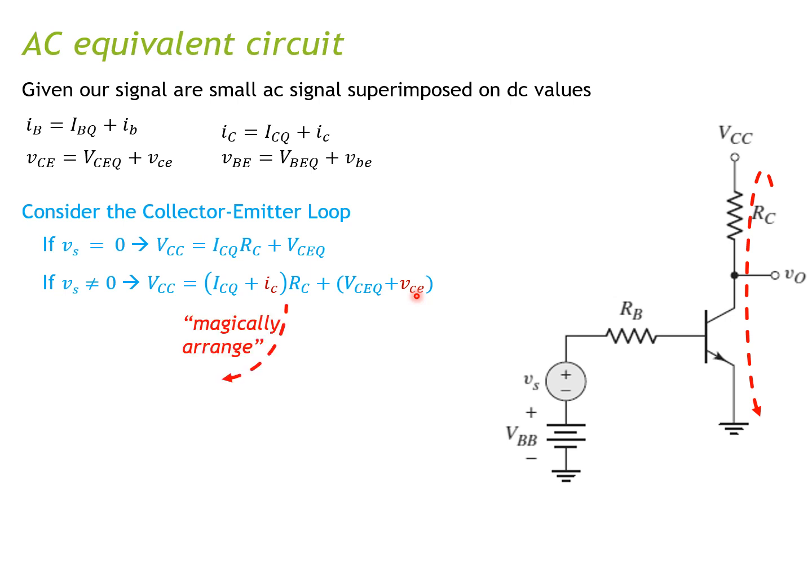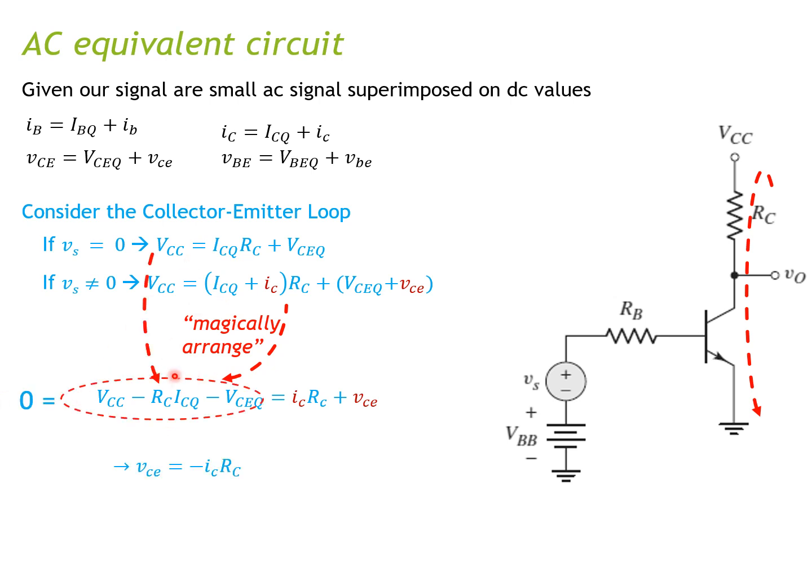Same way, you do the magical arrangement. You put all of the DC on one side, AC on the other side, and the DC component you can make equal to 0. Finally you have this equation: vc equals negative ic multiplied by RC.